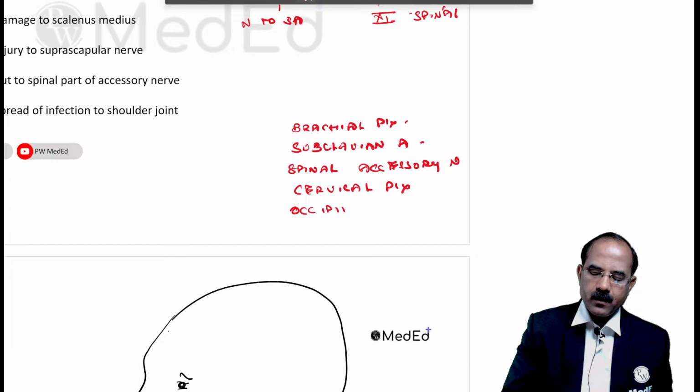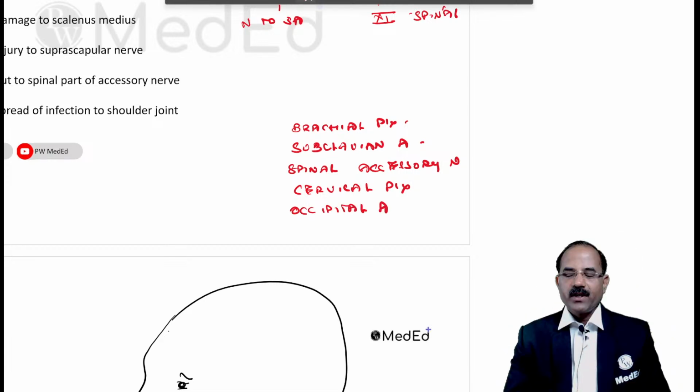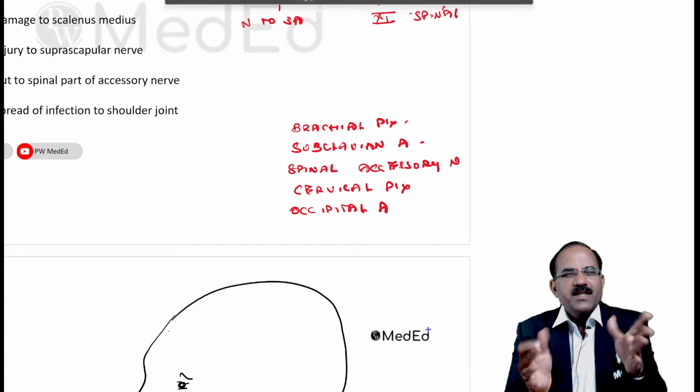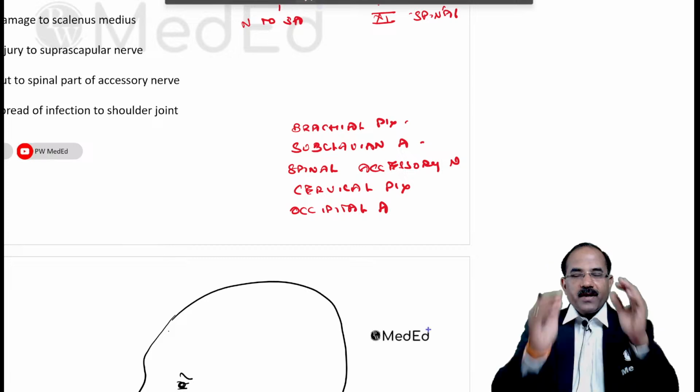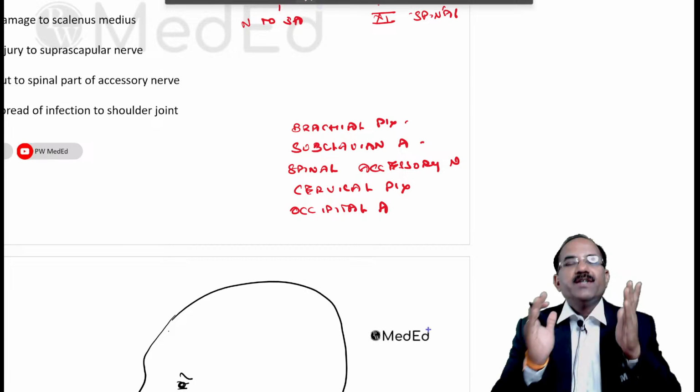So these are the contents of the posterior triangle of the neck. Out of all this, students, which is the most important content of the posterior triangle? The most important content of the posterior triangle is the spinal accessory nerve.